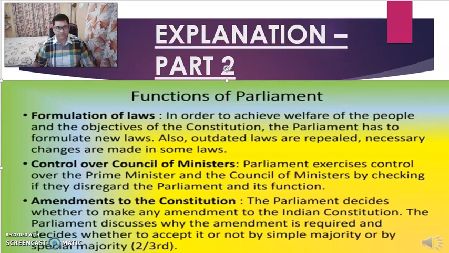First is the formulation of laws. See, the Parliament has to formulate new laws, or Parliament has got the right to make new laws. Why does it do this? In order to achieve welfare of the people, for the benefit of the people, and also to achieve the objectives of the Constitution. So what are the objectives of the Constitution? That there is equality, liberty, etc. So the government, or the Parliament, sees to it that the objectives of the Constitution are fulfilled and they take care of the people.